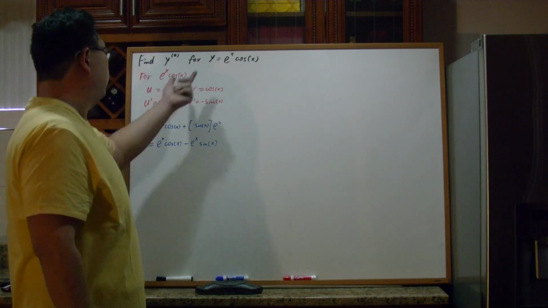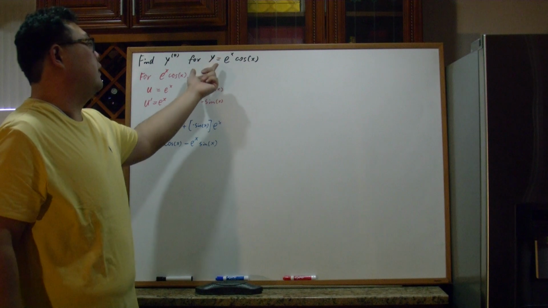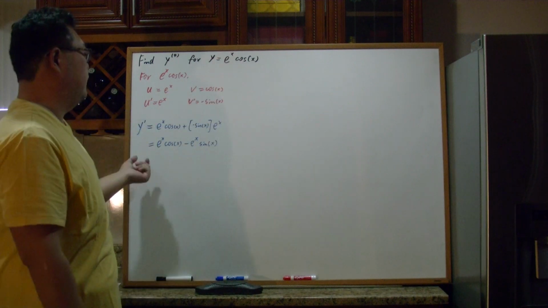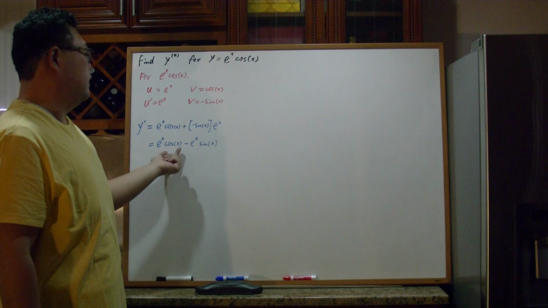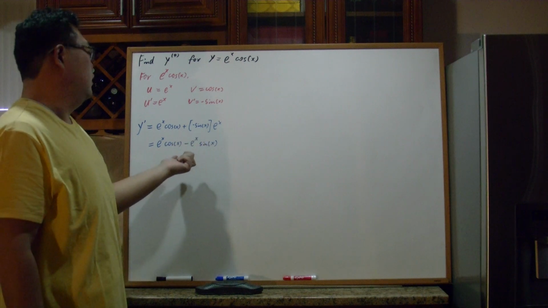When we differentiate e to the x cosine x, we have two terms: e to the x cosine x minus e to the x sine x.